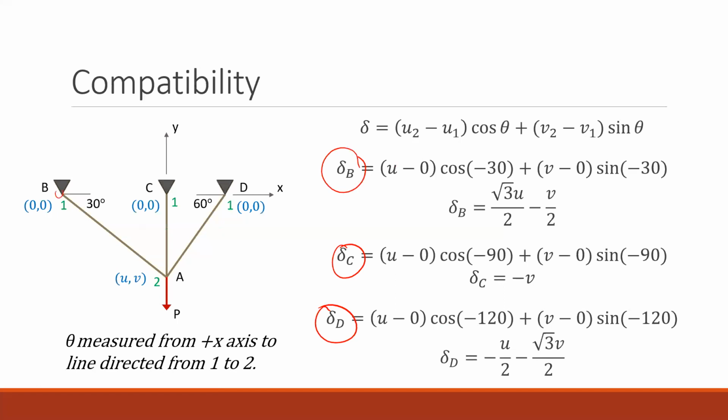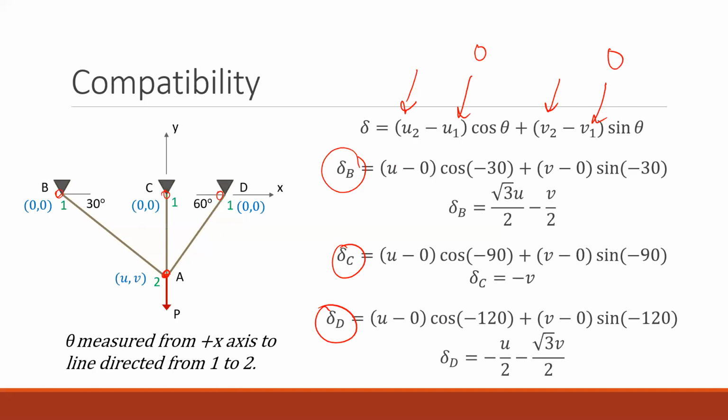I can pick these stationary points to be my point 1, end 1, and those are all fixed, at least translation-wise. And then point 2, they all share. So in these 3 equations, u2 and v2 are all going to be the same in each equation. It's however much that point is moving, which might be a variable for now, and then we'll solve for it later. And u1 and v1 are always going to be 0 in this particular setup because my 1s have all been pinned.